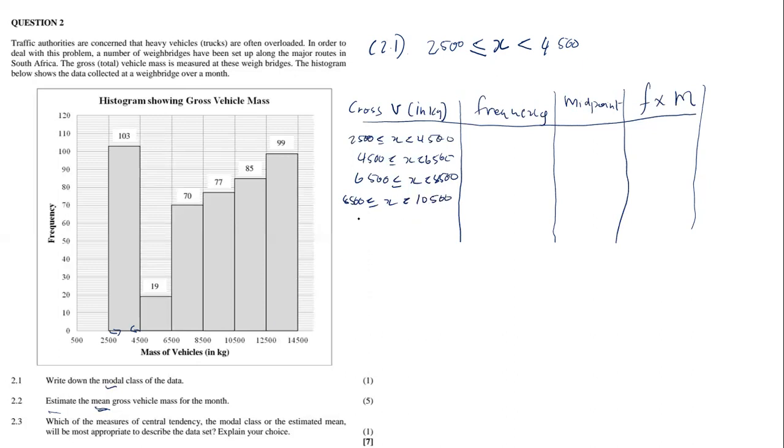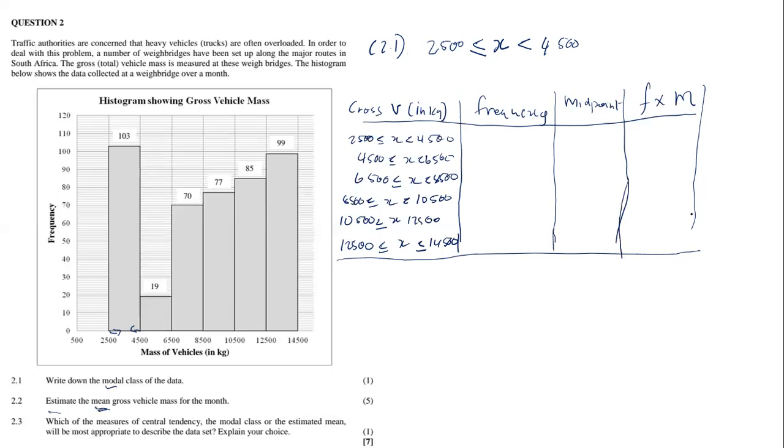The other one is 10,500, including it, to 12,500. Then the other one is 12,500, including it, and the last one is 14,500. And then here, you'll use your ruler, guys, to draw properly.